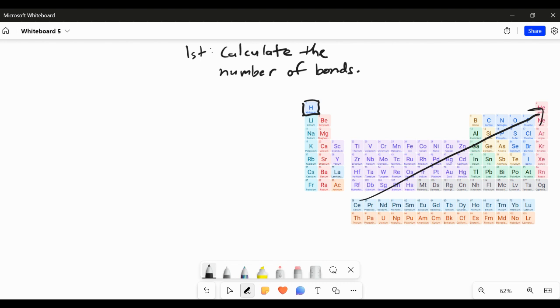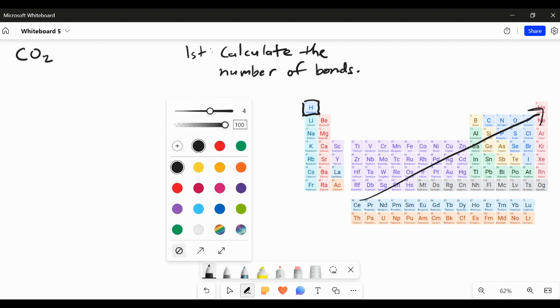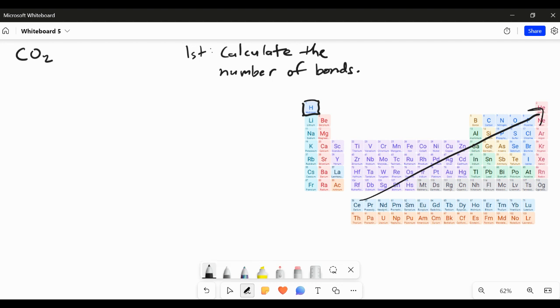Let's do CO2. Okay, CO2 is carbon dioxide. So we want to see what this molecule looks like. So we're going to start with the first rule. Okay, first rule was calculate the number of bonds. So how many bonds does carbon dioxide have?